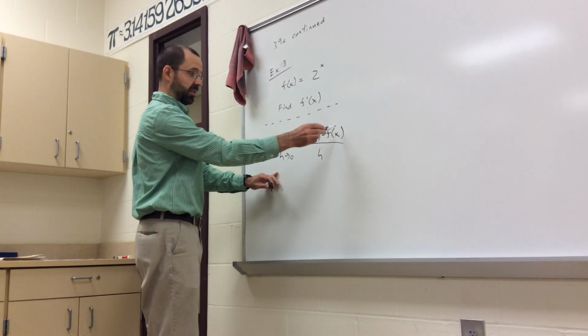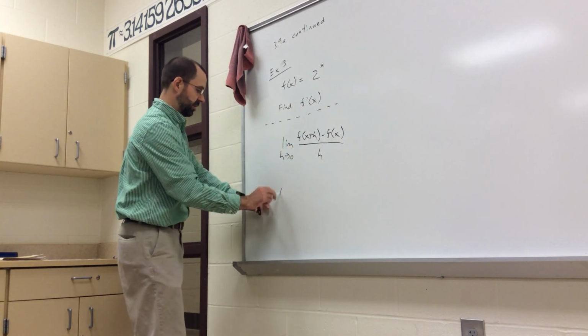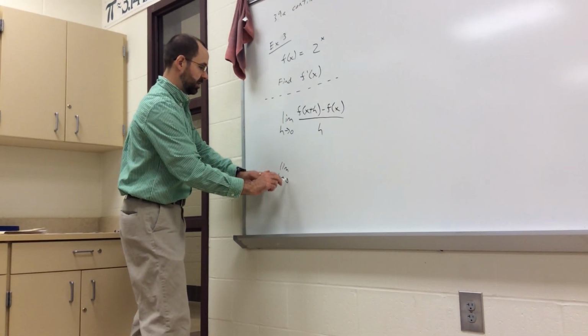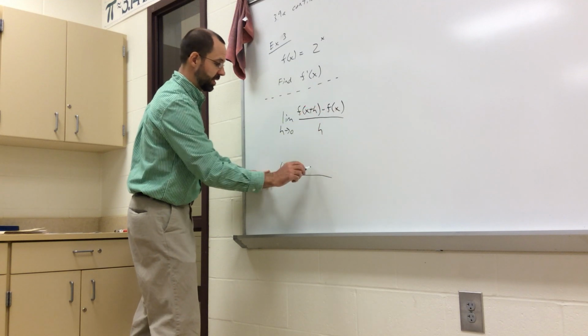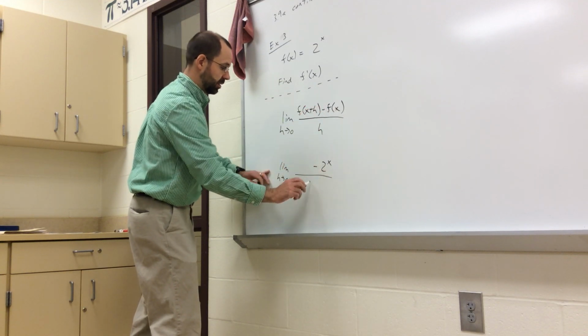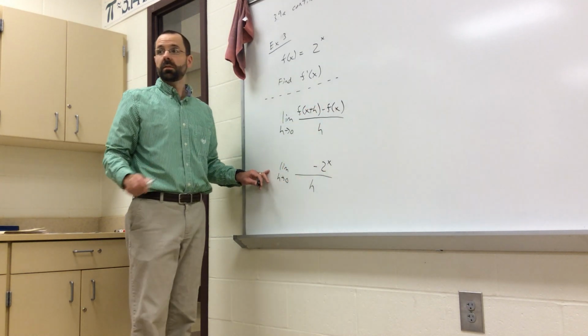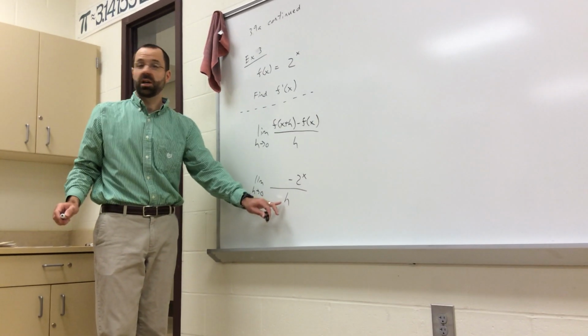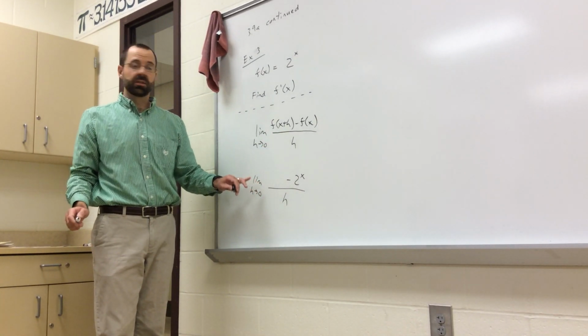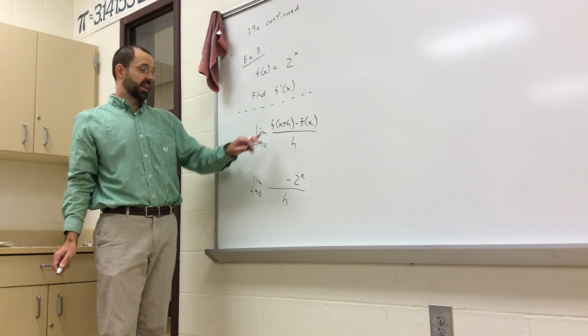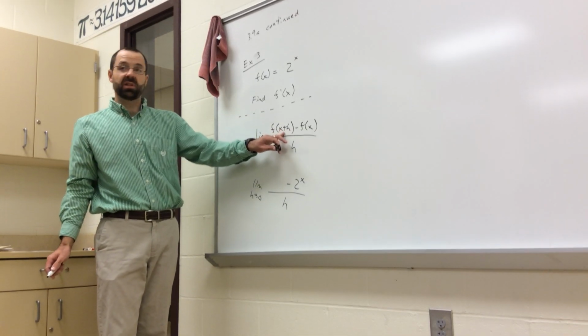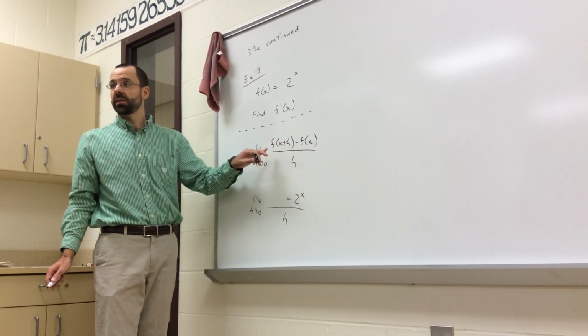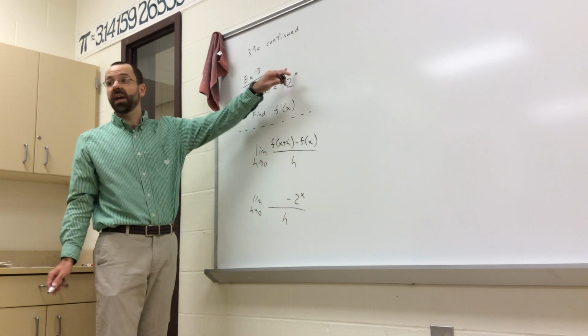Okay, so we got to plug in what f of x is. So that is 2 to the x. And I'm just recopying the h and the division sign. And then this part means plug x plus h into f. So that's going to be 2 to the x plus h.